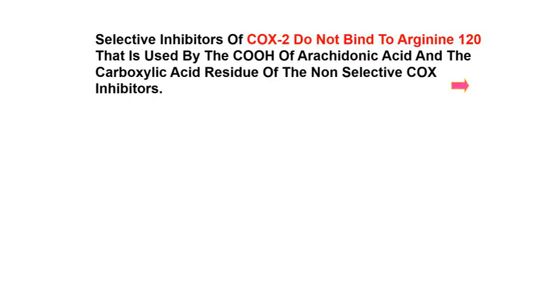The COX-2 inhibitors are also different, having no anionic part. That means that they are not binding to the arginine 120 that is responsible to host the carboxylic group of arachidonic acid.